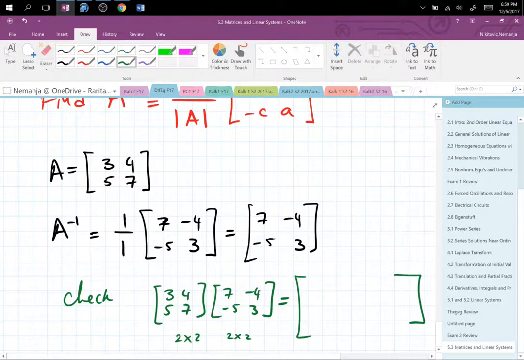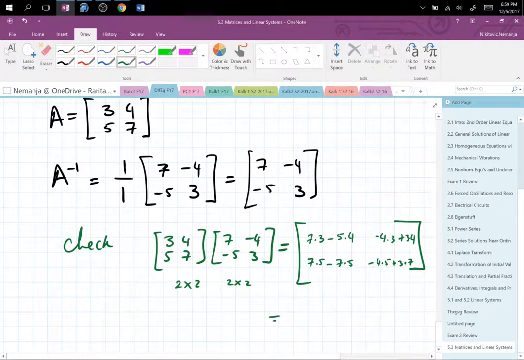So 7 times 3 minus 5 times 4, and then 7 times 5 minus 7 times 5, and then negative 4 times 3 plus 3 times 4, and negative 4 times 5 plus 3 times 7.